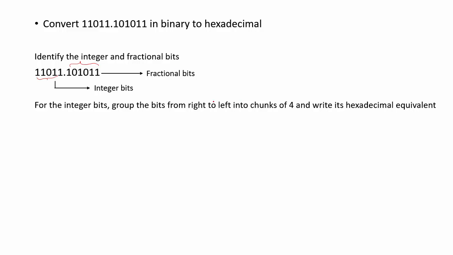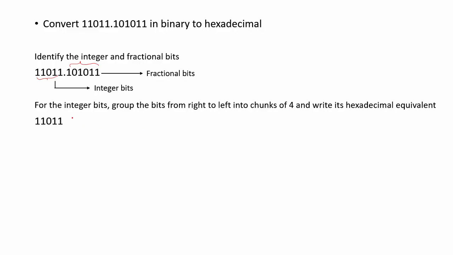In the second step, for the integer bits, we have to group the bits from right to left into chunks of 4 and write its hexadecimal equivalent. Whereas in case of an octal, you are grouping them into chunks of 3. Here you have to group them into chunks of 4.